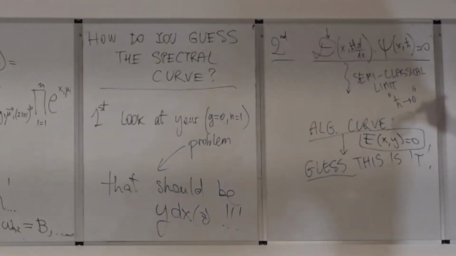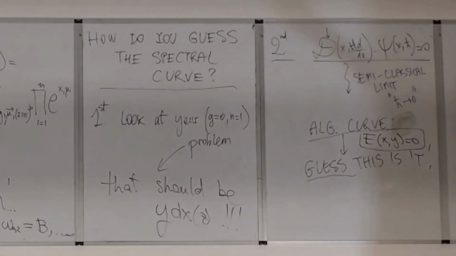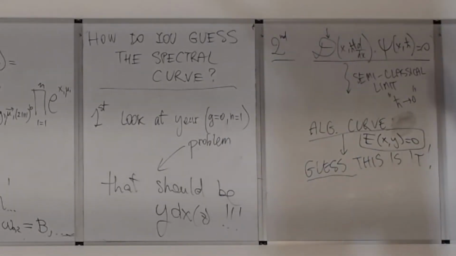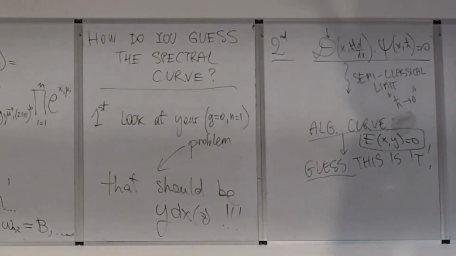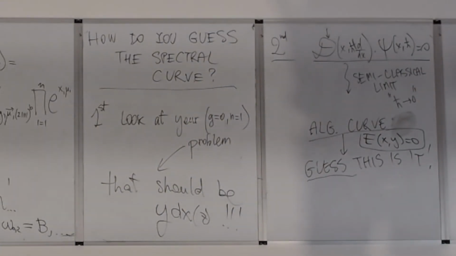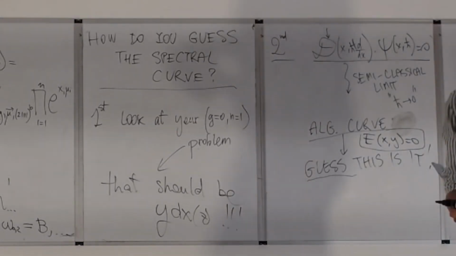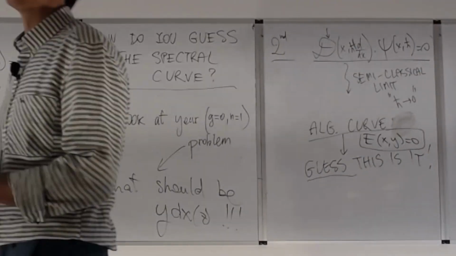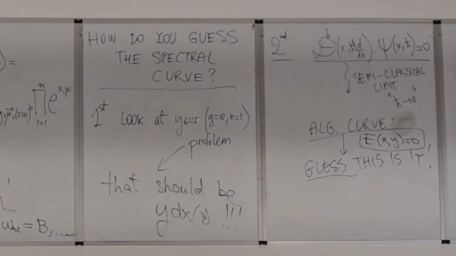Are there pathological examples in which you have a lovely quantum differential operator, you take the limit, you get a spectral curve, and woohoo, it's not the right one? See, I lived a good life. It never happened to me.